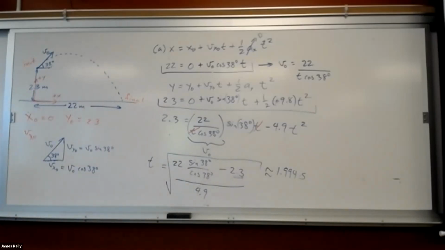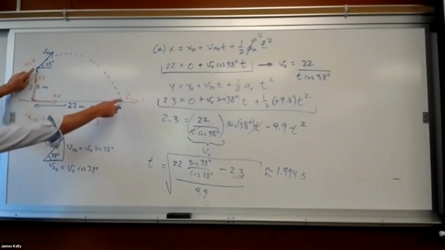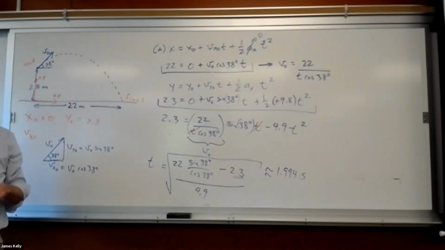Here, I kind of had to hold my breath and say, I don't know what the initial speed was. I'll just give it a name and hope I can get rid of it later on because I don't know anything about it and I don't want to. The other thing that makes this a little bit more difficult is that the final and initial heights are different. And a lot of times that might mean that you end up having to use the quadratic formula. In this case, we somehow got rid of it here.